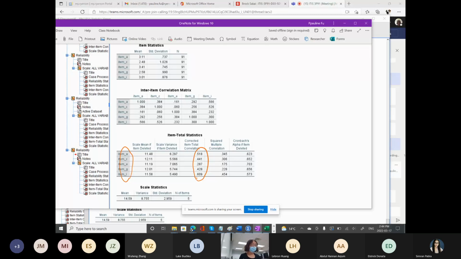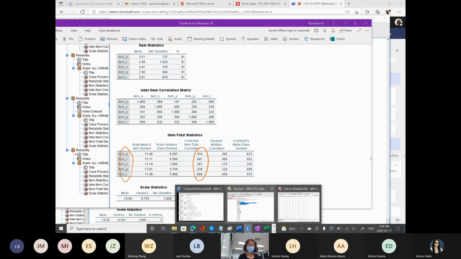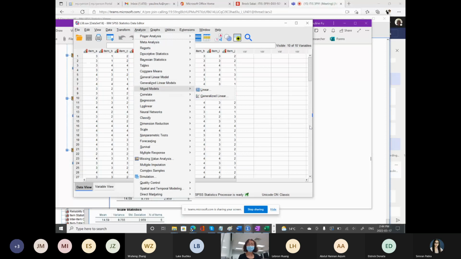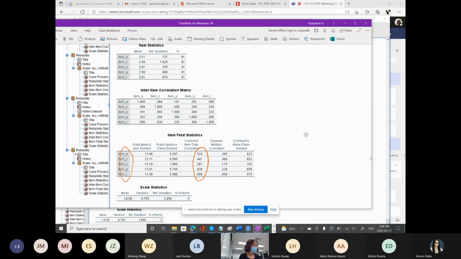Next, we create a new scale, problem-based. Basically you repeat yourself. Next is stage 2. We did stage 1, item total correlation for the emotion focused.